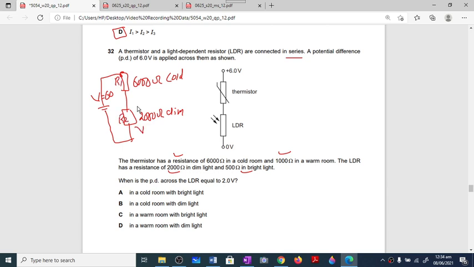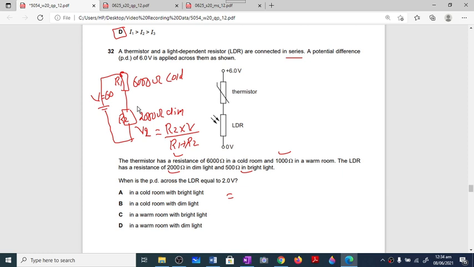First of all we will calculate V2, because V2 is required to calculate the voltage across the LDR. So the formula is V2 equal to R2 into V over R1 plus R2. We will calculate this and check whether the value is 2 volt or not, which is required.